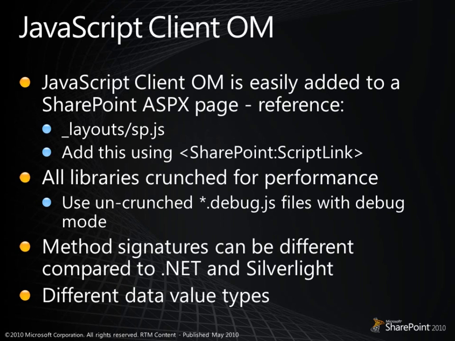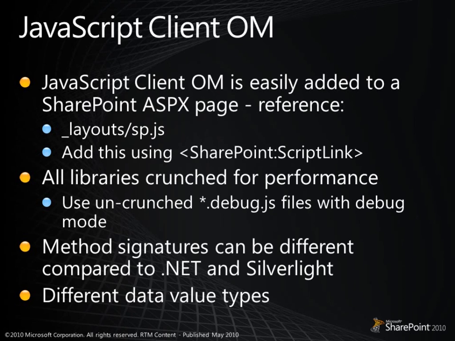The JavaScript client object model is easily added to custom ASPX pages. We'll need to reference the sp.js JavaScript file located within the underscore layouts URL. You can do this by adding a SharePoint script link control to your page.